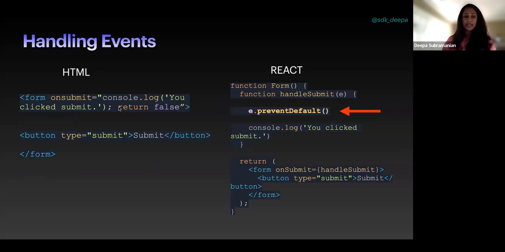Another difference is that in HTML, you can return false, but in React, you cannot prevent default behavior that way. You must explicitly say preventDefault, because this is a synthetic event, and it's also defined by React according to the W3C spec. So you don't need to worry about cross-browser compatibility. This is something you need to remember when you're handling events.